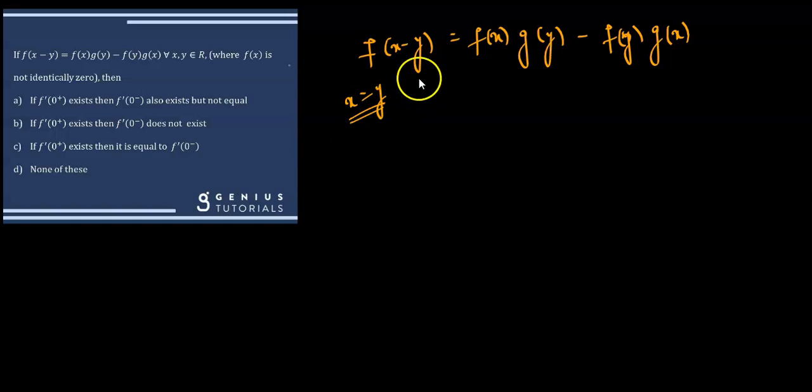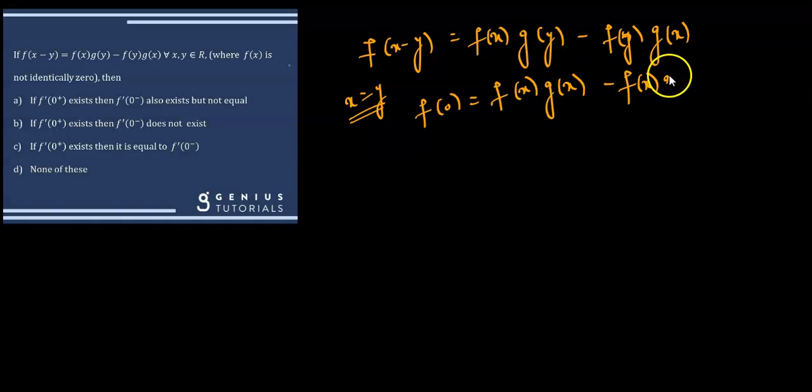What if I substitute x equal to y? We will get f(0) equal to, let us say both are x, f(x) g(x) minus f(x) g(x). So they will cancel out. We can say that f(0) is equal to 0. Okay, so one thing is clear.